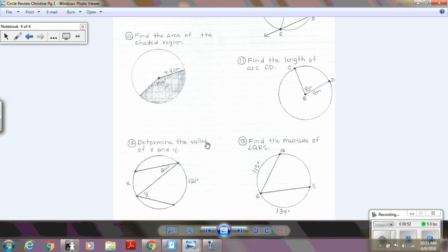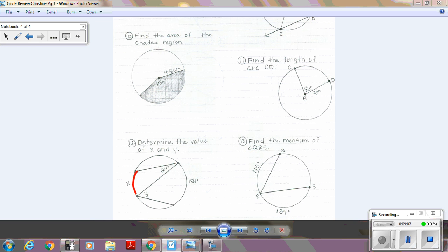All right, number 12 would like for us to find the values of x and y. X is this arc here, and that arc is related to this angle right here, which is an inscribed angle. So since it's an inscribed angle, the measure of the arc is equal to 2 times the measure of the angle.